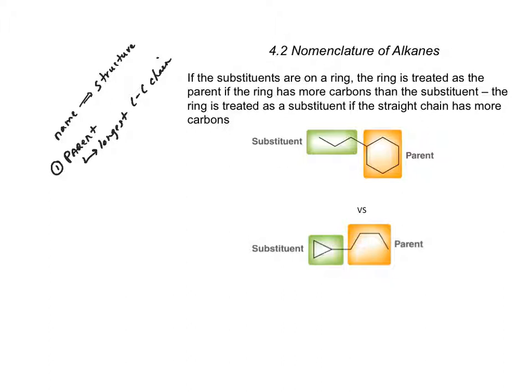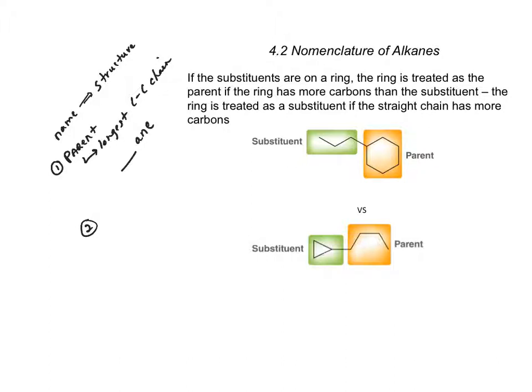Right, so there were a bunch of those base parent names, and what did we have to end everything in regardless? Because we're dealing right now with alkanes, ane, right? So however many carbons our parent chain has, we would name it with meth, eth, prop, but, however many it was, and then we would end it in ane, okay? Okay, so then after the parent, what did we have to focus on?